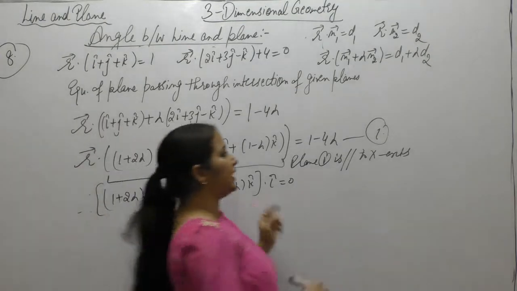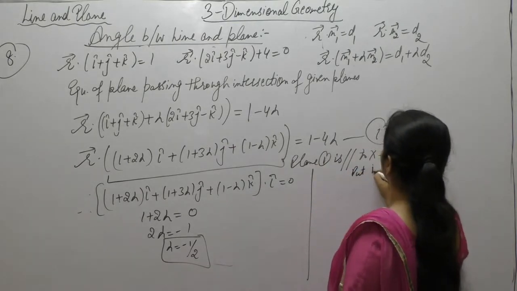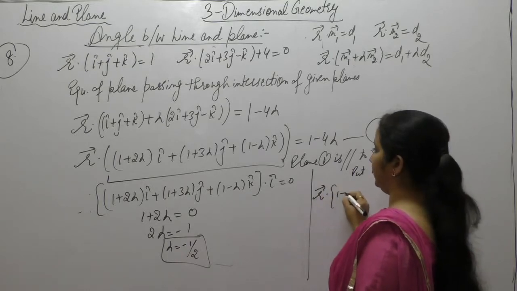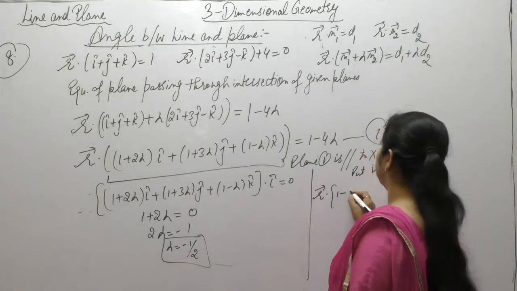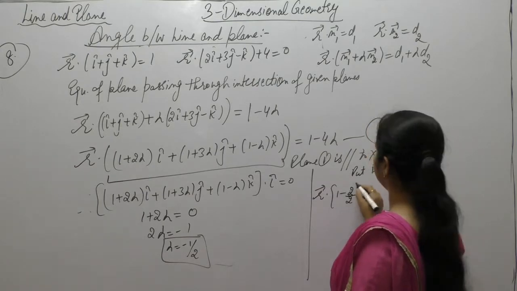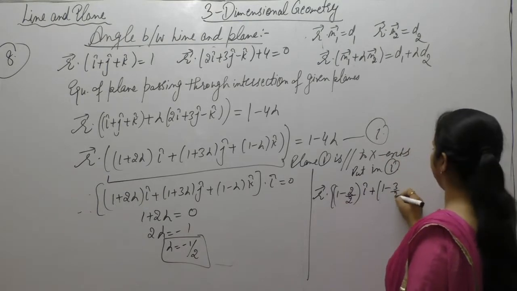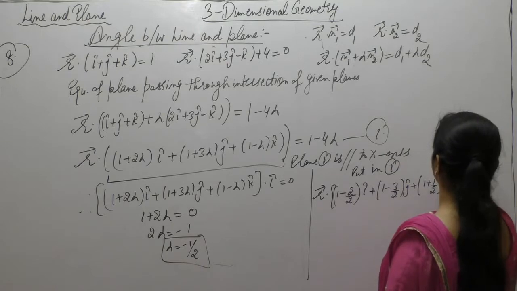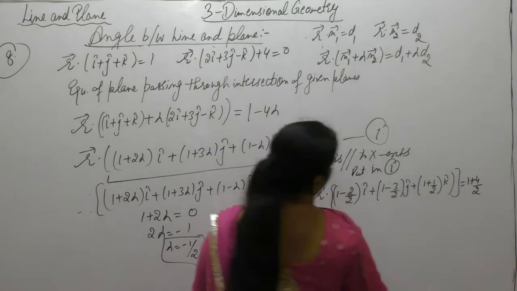Put this value of lambda in equation 1. R vector dot 1 plus 2 into minus 1 by 2, minus 2 by 2 i cap, 1 minus 3 by 2 j cap, 1 minus minus plus 1 by 2 k cap, equals 1 minus minus plus 4 by 2.